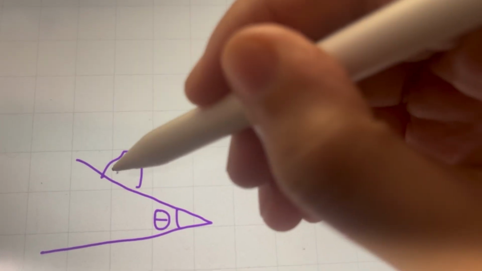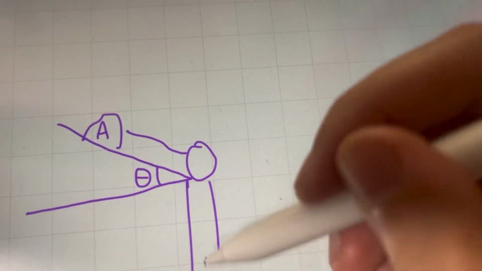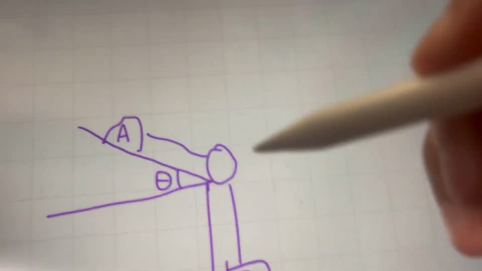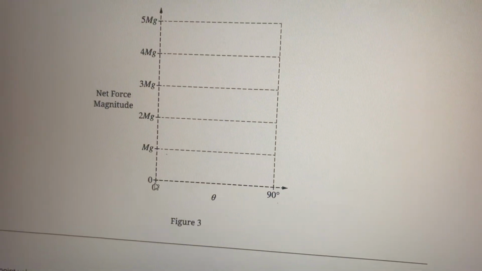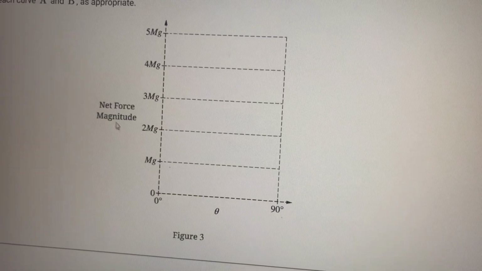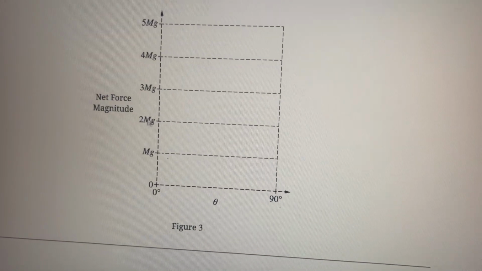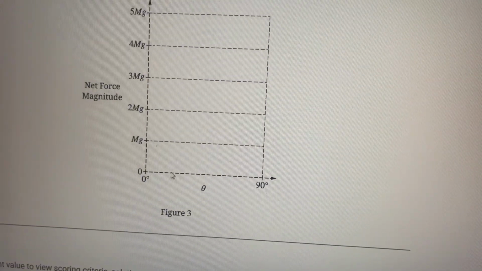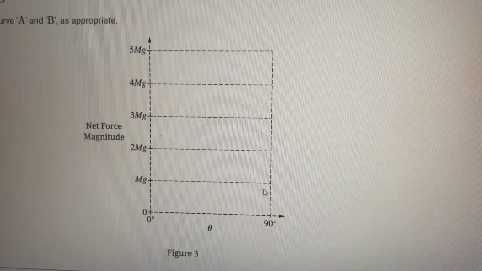This is the angle that they're changing, and this is block A, and block B. So what it's asking you to do is graph the net force magnitude of these at certain angles of theta.